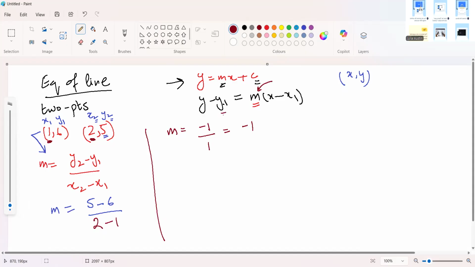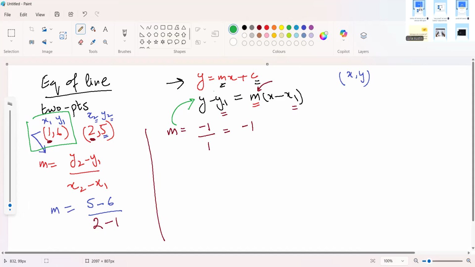I still need to find y1 and x1. Well, that's easy because I have already named one of my points as (x1, y1). So all I need to do is plug in the value of m in this equation, and plug in the values of x1, y1.